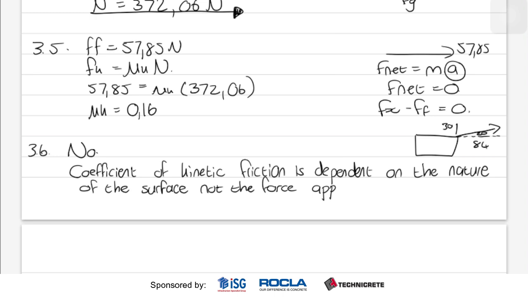And therefore, it will not change if our force changes. So always remember, kinetic friction, we do not have a unit, and it is not dependent on the forces applied to the object it is working to oppose.